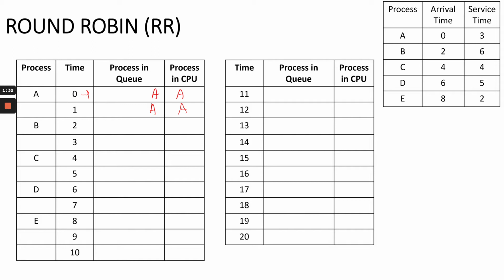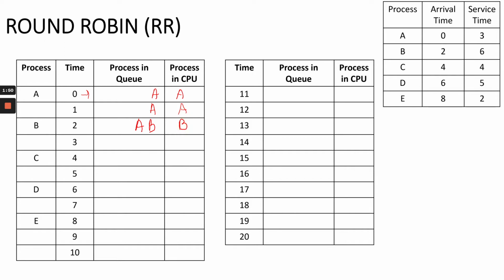At time 2, B arrives. Because there is a new arrival, process A is preempted, and now B is being run in the CPU.